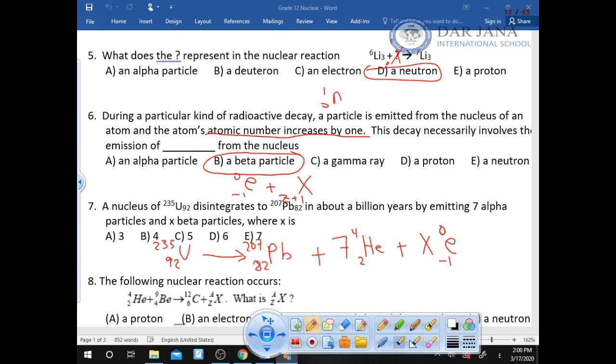So we can simply make an equation. We have here 92. It's equal to 82 plus 7 times 2. We have 2 here, and we should multiply by 7. 14 minus 1 times X. These two should be equal based on the conservation of charge. 82 plus 14 is 96 minus 4. It's 92.